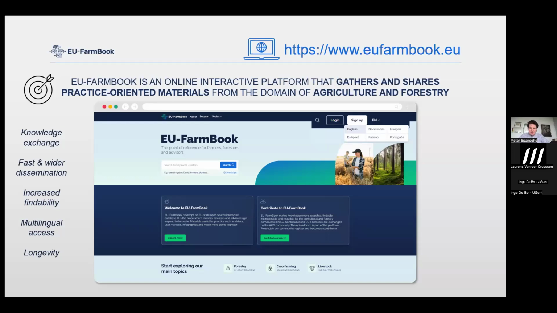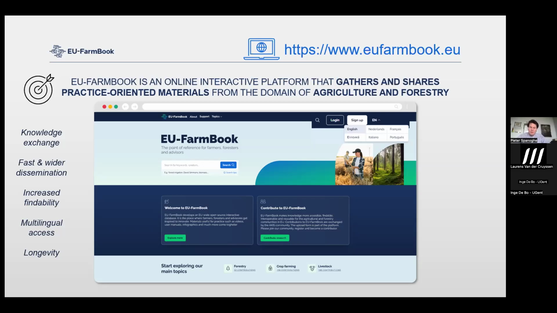The idea is that we will spread it across Europe so that it's available for every person in Europe. We will help people find your information back, and multilinguality is a point, because if you have it on your screen and you don't understand it, the language can be one of the bottlenecks. And we store it for the long term. So this is all what EU-FarmBook is about.